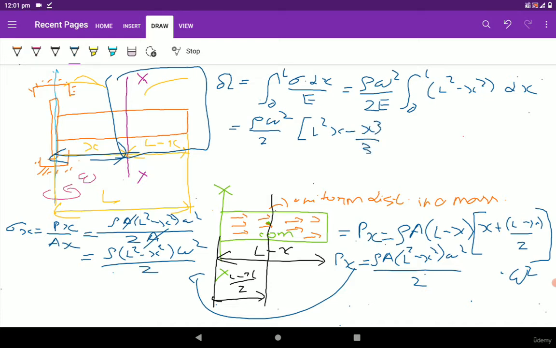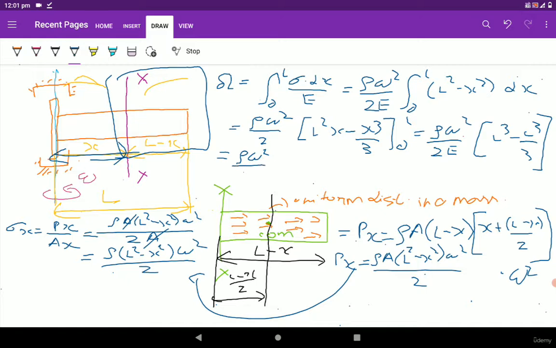After further simplification we get rho omega square by 2E times (L cube minus L cube by 3), which is rho omega square by 2E times 2L cube by 3.